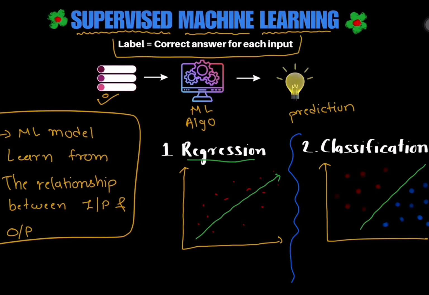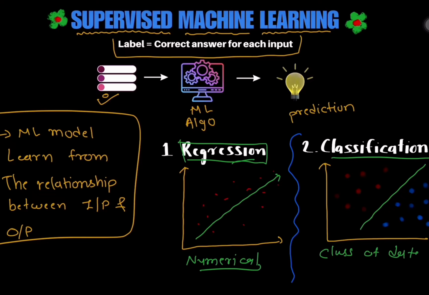There are mainly 2 types of supervised machine learning. One is regression and another one is classification. In regression, we try to predict a continuous numerical value, and in classification we try to identify the class of data.